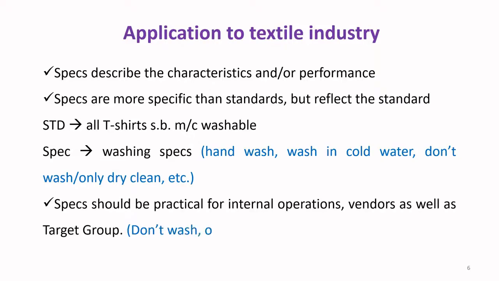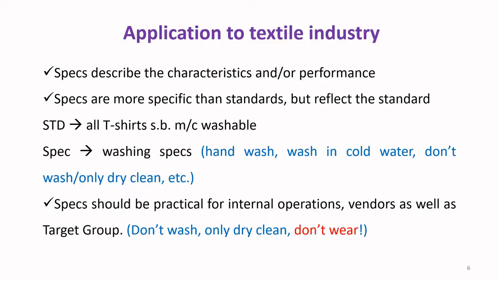And yeah, just because you are very particular about quality does not mean you make impractical, impossible specifications. Specifications should be practical for internal operations, for the vendors, as well as the target group. Meaning to say, if you are ordering a garment which cannot be stitched, then who's going to make it for you?